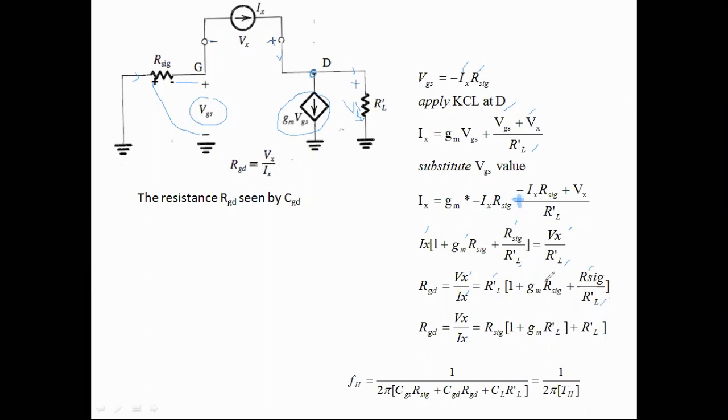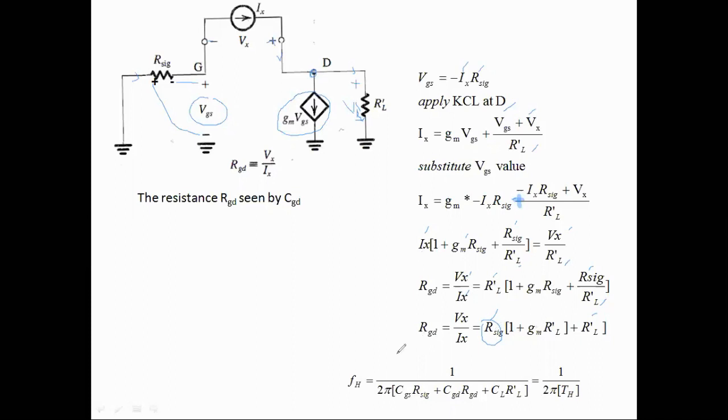Now I take Rsig and multiply by RL dash and take Rsig common: Rsig into 1 plus gm into RL dash, plus RL dash. Why I am writing it like this is that the contribution of Rsig across the CGD is 1 plus gm RL dash into Rsig, plus RL dash. Those two are connected in series, so these two are added.